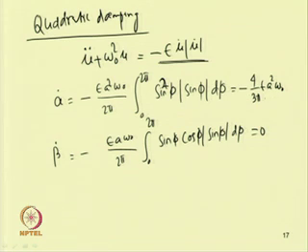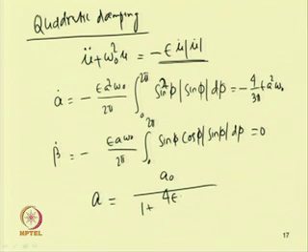By integrating this, taking the initial a equal to a 0, the solution is a equal to a 0 by 1 plus 4 epsilon omega 0 a 0 by 3 pi into t.